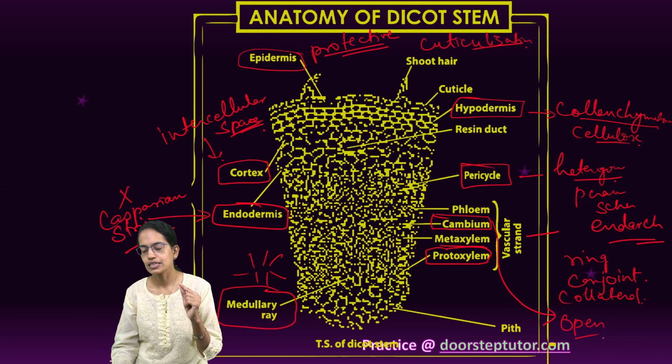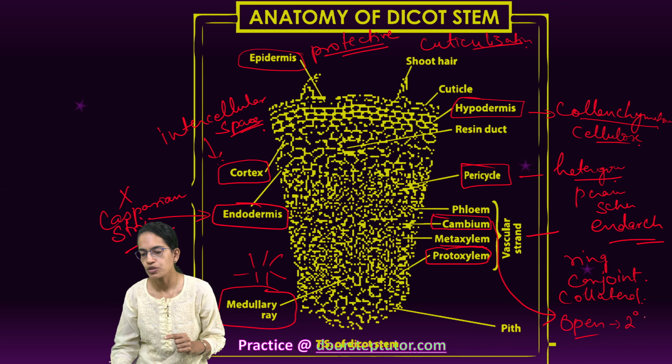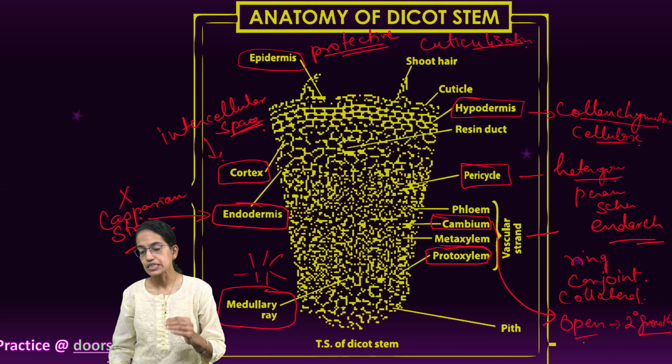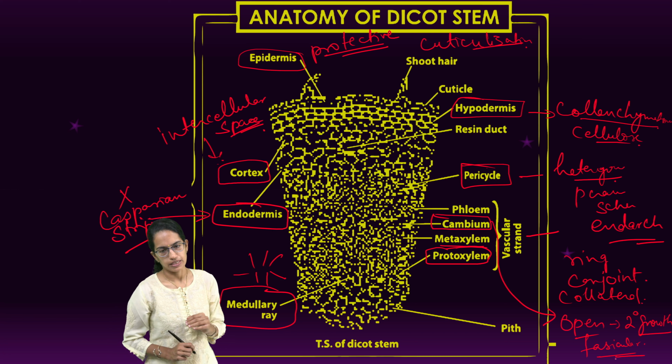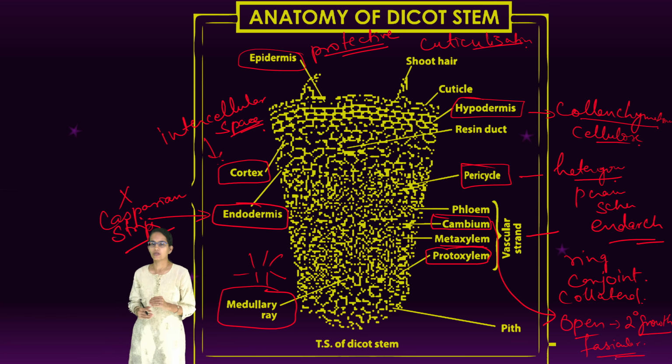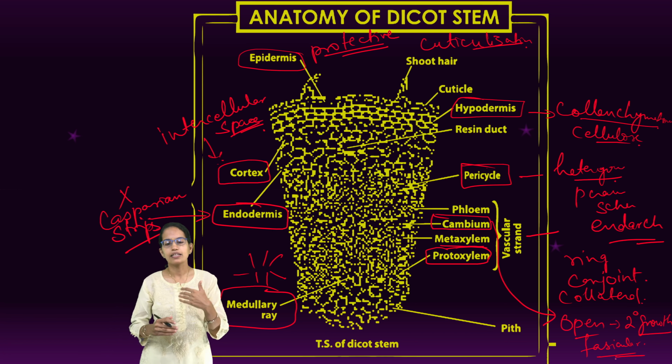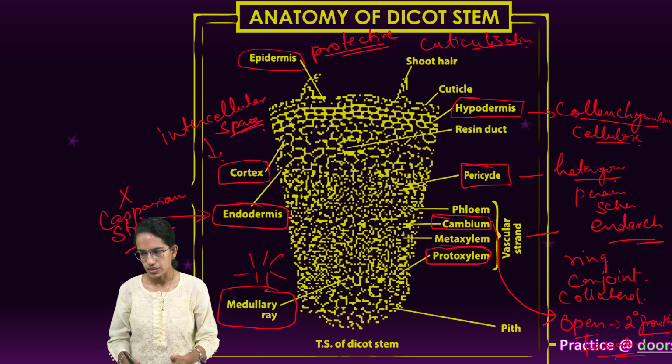Now this is indicative of the secondary growth that takes place in the dicot stem. Here, we say fascicular or interfascicular cambium is present. Fascicular cambium means you have phloem and xylem on either side of it.